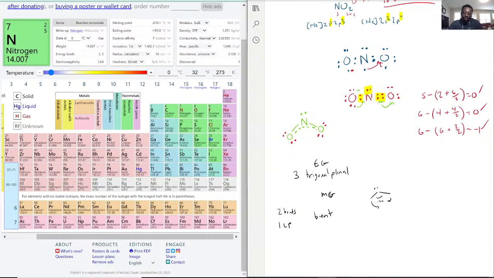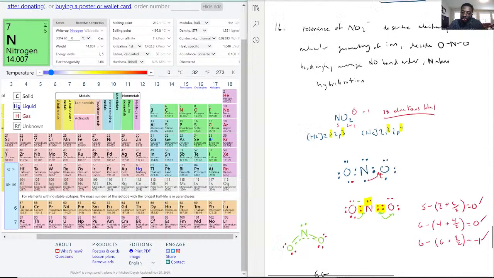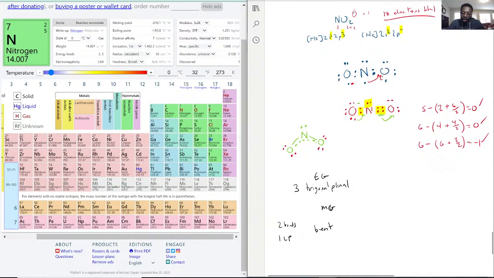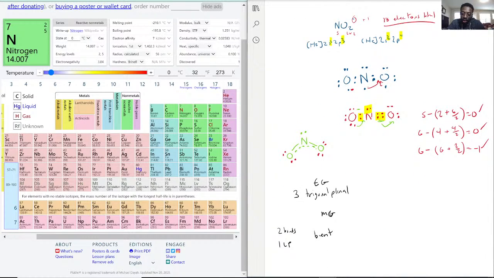So the angle for this, I think it's completely justifiable just to say that it's less than 120. So this O and O bond angle is less than 120 degrees. Because we sometimes don't really know the exact amount, but you just know that the electron lone pair is pushing these together. So this exactly is less than 120. It's no longer perfect like each 3 slices of a pie. Okay?